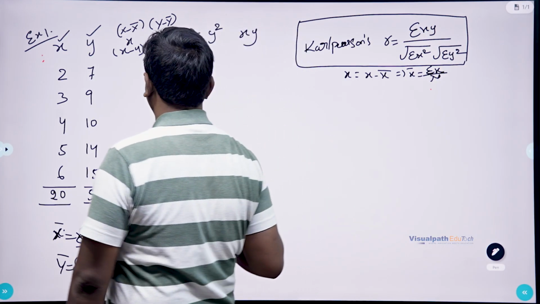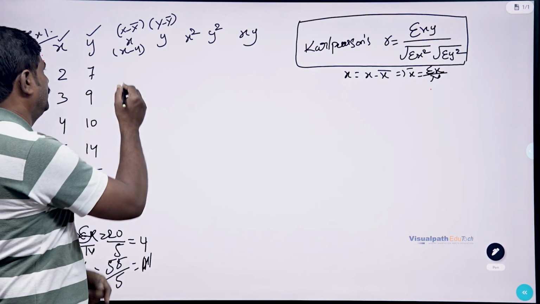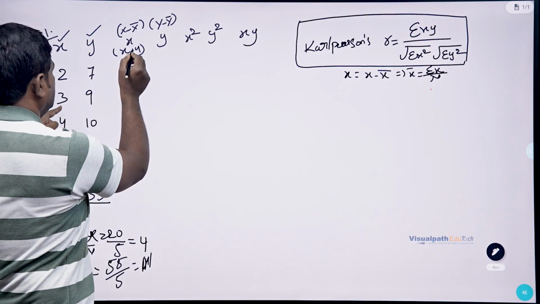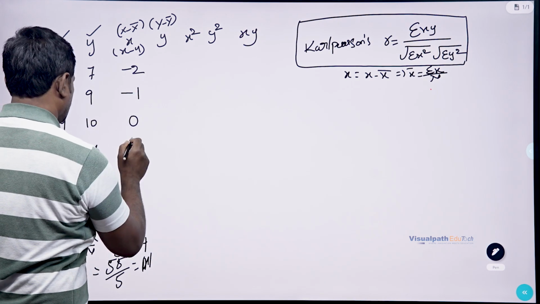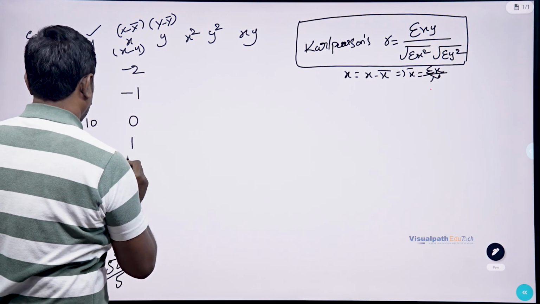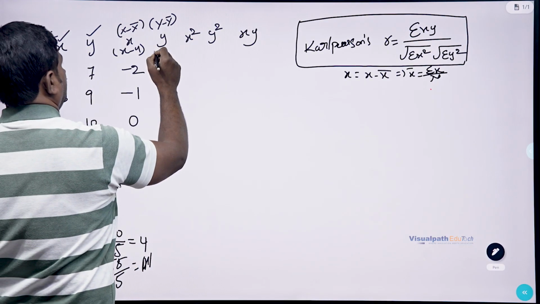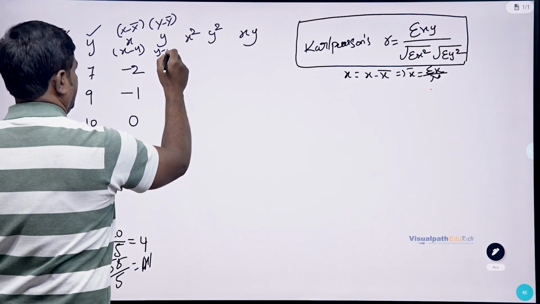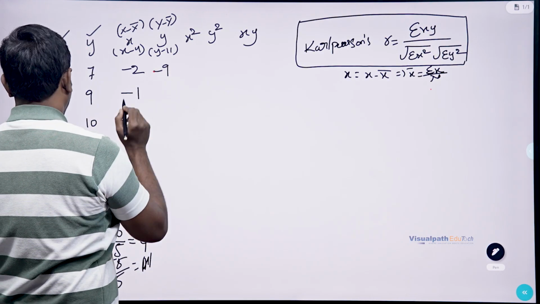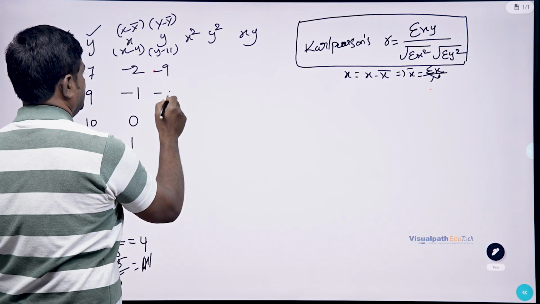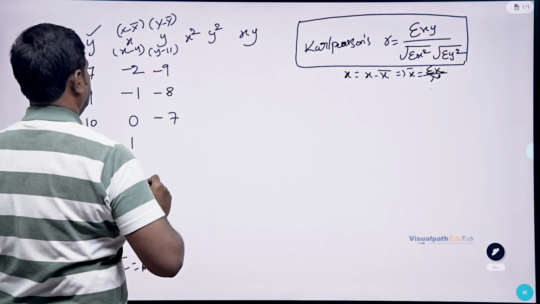Next, X minus X bar, here X minus 4. 2 minus 4 is minus 2, 3 minus 4 is minus 1, 4 minus 4 is 0, 5 minus 4 is 1, 6 minus 4 is 2. Similarly, Y minus Y bar, that is Y minus 11.